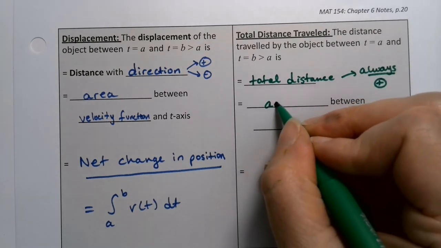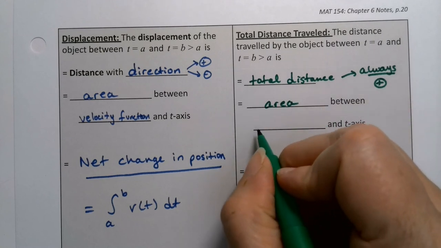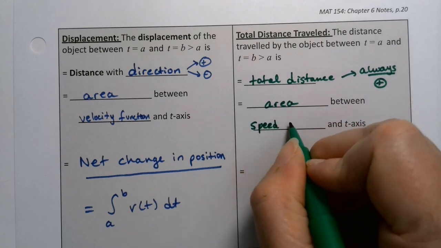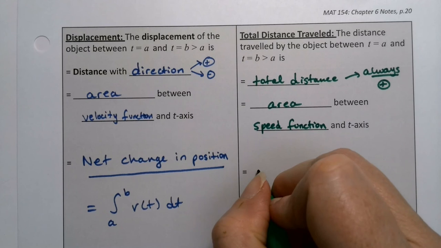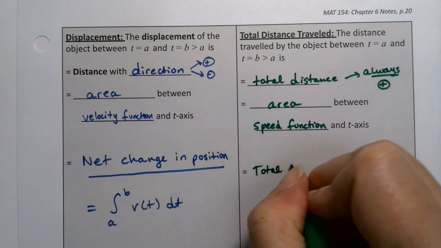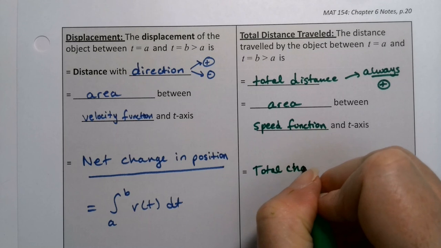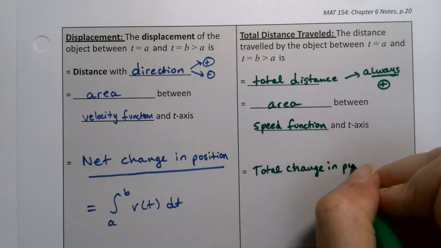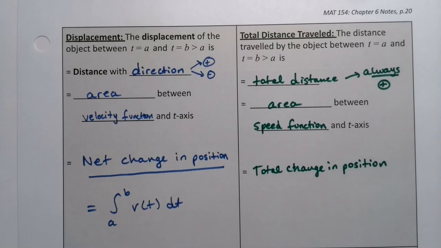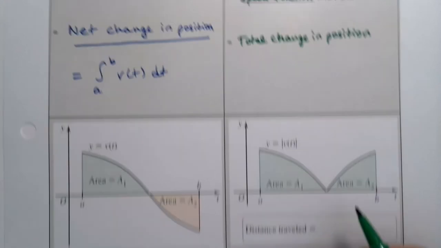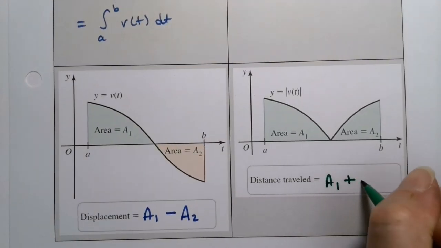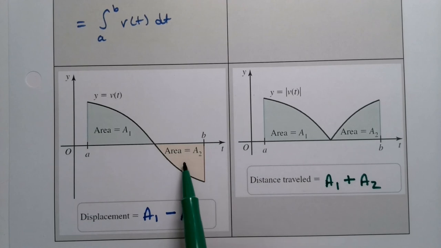And it's the area between the speed function and the t-axis. So it's the total change in position. Not the net change, but the total change in position. Net implies that this will be negative down here. Total implies that they'll both be turned positive. So the total distance traveled will be A1 plus A2, right? These are the same areas, but this one has it negative. This one's flipped it over and made it positive.